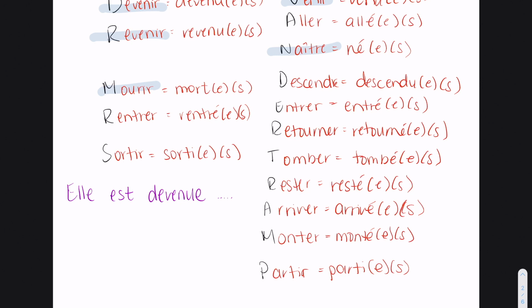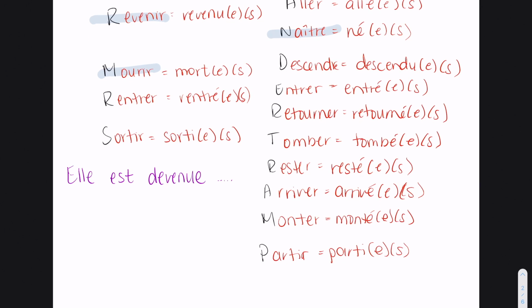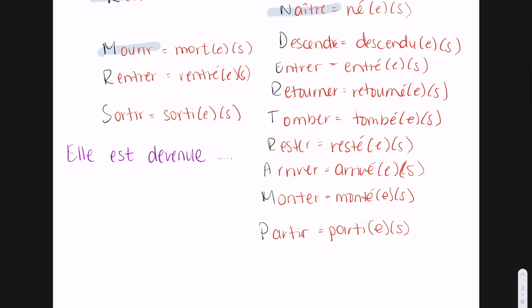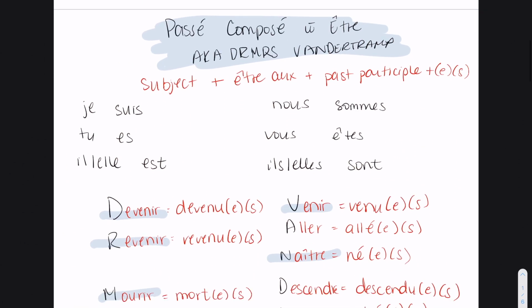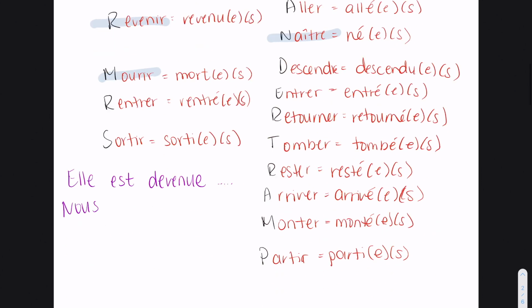Let's take a look at revenir. Revenir is to come back or to return somewhere. Retourner is the same idea, but revenir is to come back. So let's use the subject of nous. So for nous, our être auxiliary is sommes. So we write down nous sommes.